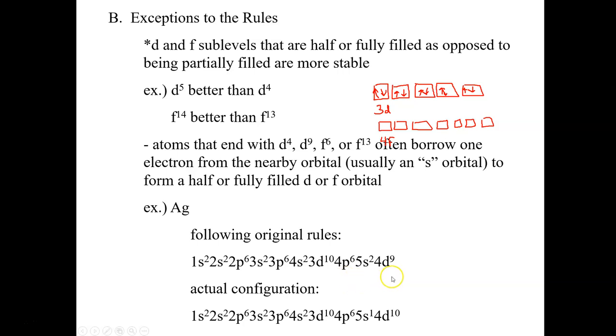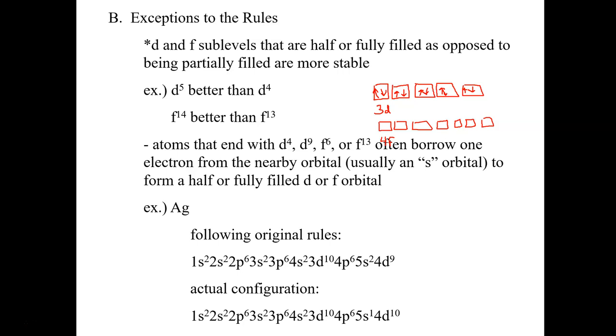The other thing that I want you to realize is that this only happens with d's and f's, so it doesn't work with s's and p's. If you ended up with a p5, you would not go borrow to make it a p6. If you ended up with an s1, it wouldn't even matter because s1 is actually half filled.